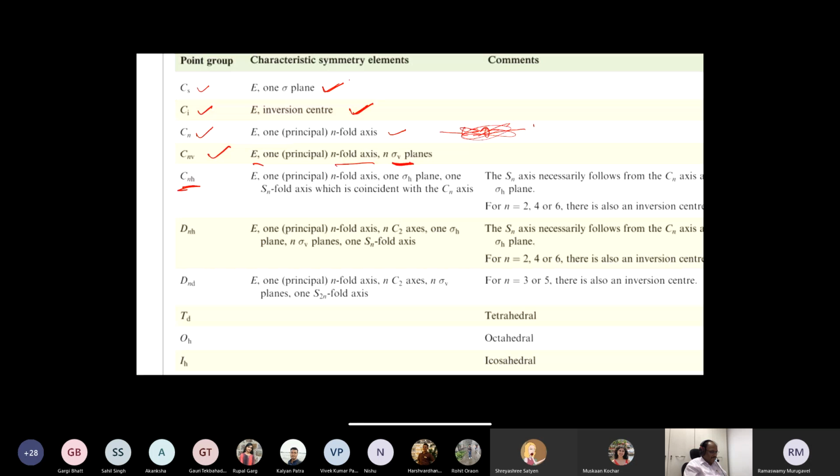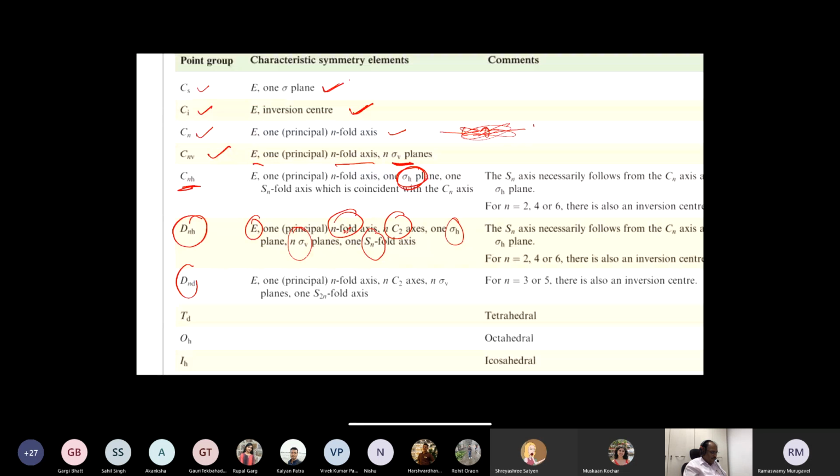And then apart from sigma v, if you have a sigma h plane, it becomes Cnh. So if you have E, an n-fold axis which is the principal axis, n C2 axes perpendicular to it, one sigma h, n sigma v planes, and one Sn, then it becomes Dnh, like D infinity h.